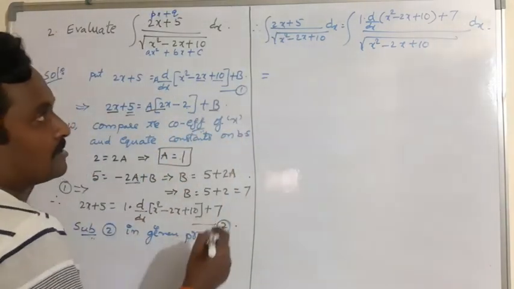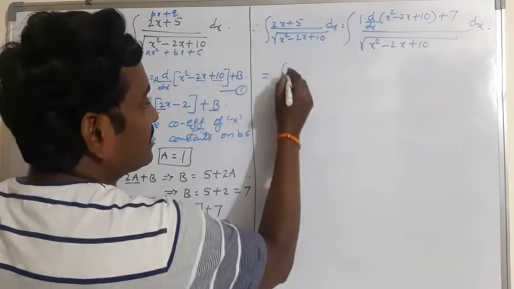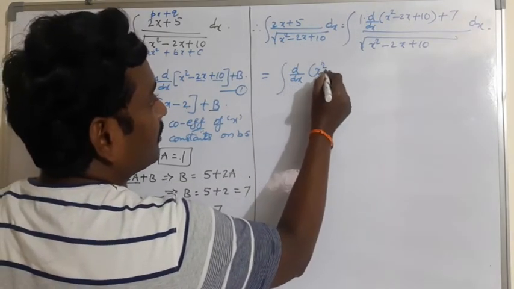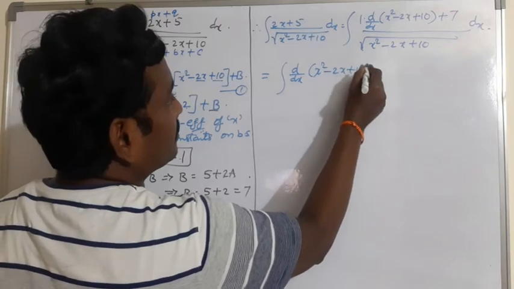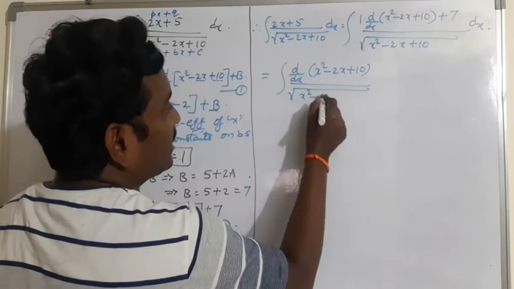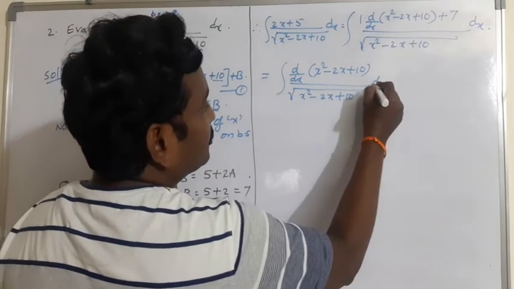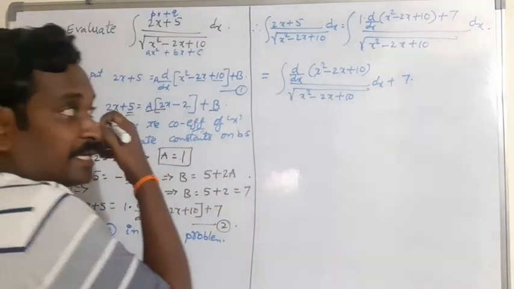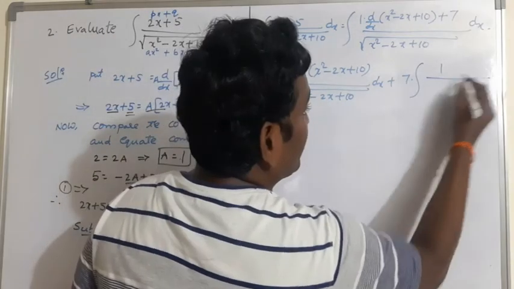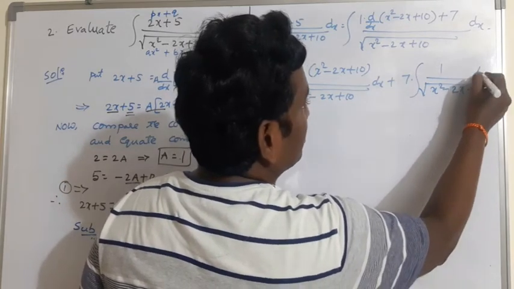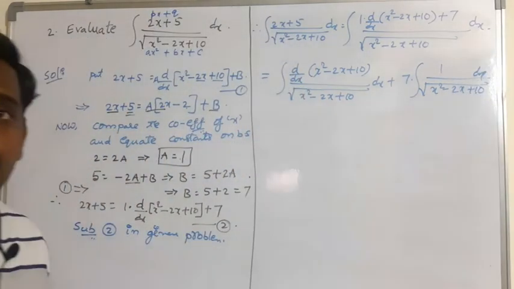Now separate the terms. This can be written as the integration of d by dx of x square minus 2x plus 10 by root over x square minus 2x plus 10 into dx, plus 7, the constant term, right outside of the integration, times the integration of 1 by root over x square minus 2x plus 10 into dx.